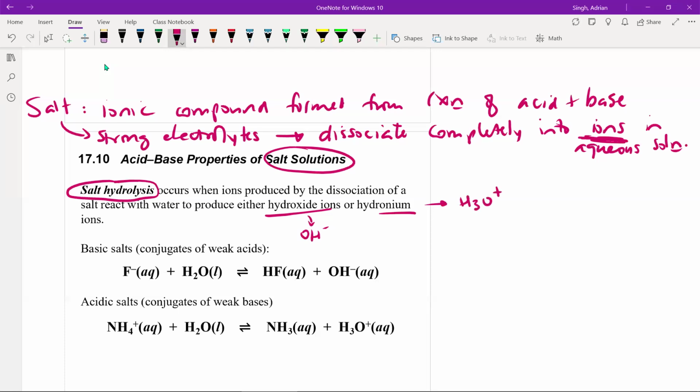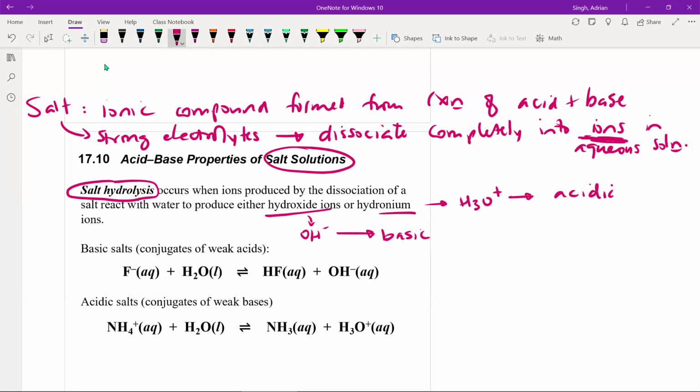Obviously, if the salt hydrolysis leads to the formation of hydroxide ions, that would make that salt solution basic. Whereas if it leads to the formation of hydronium ions, it would make that salt solution acidic. So what will dictate whether it forms one versus the other?